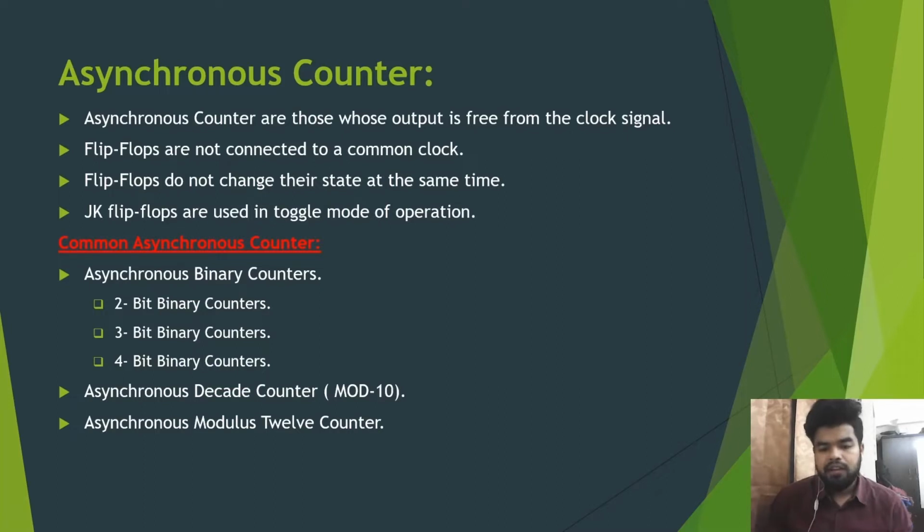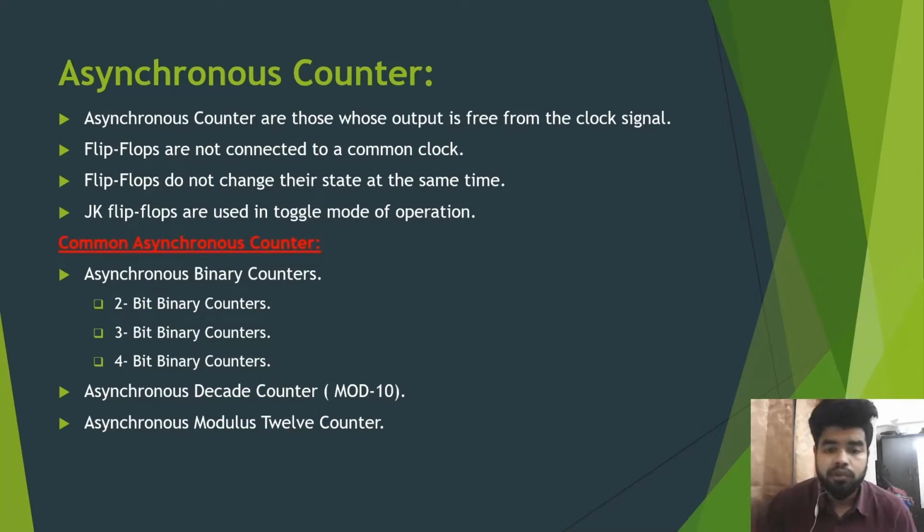That means that a single clock pulse is not driving all the flip-flops in the arrangement of the counter. Asynchronous counters are also known as ripple counters and are formed by the successive combination of trailing edge triggered flip-flops. It is called so because the data ripples from the output of one flip-flop to the input of the next.